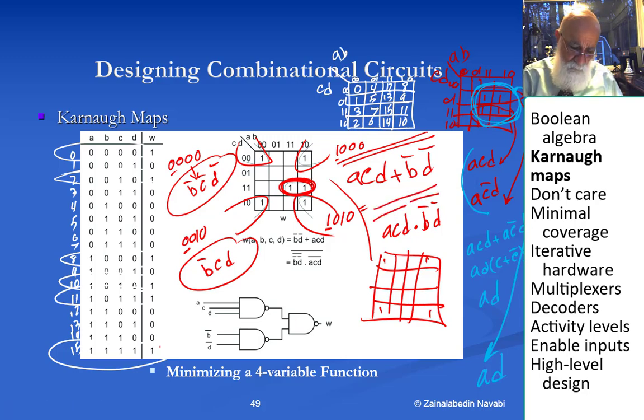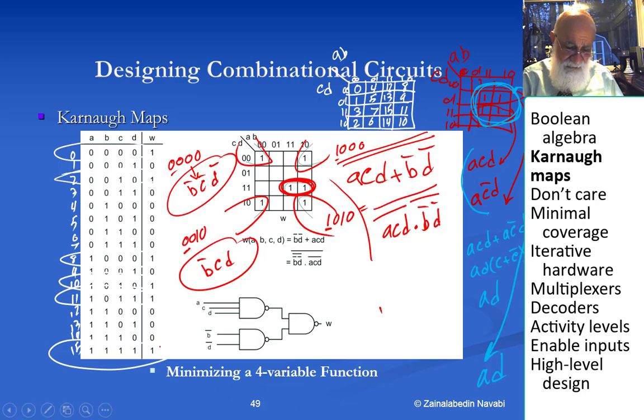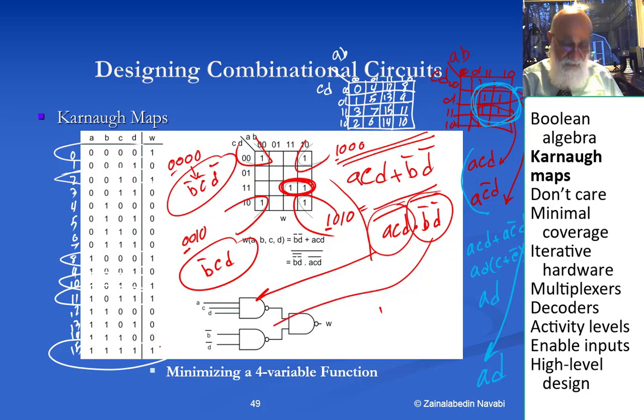What it means is an AND gate ACD, an AND gate B bar D bar, and then the results are NANDed together.